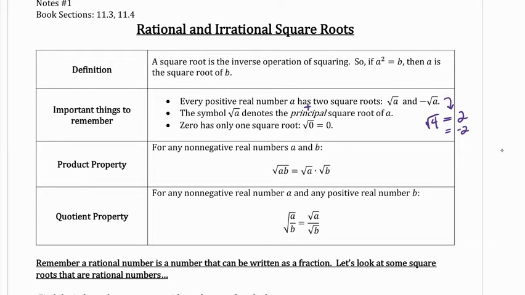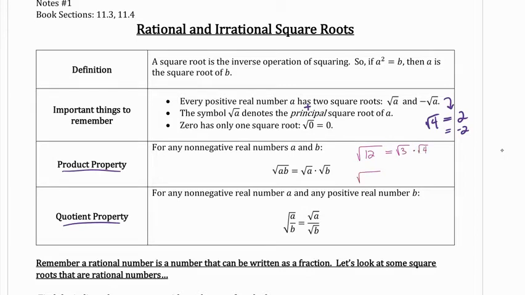A couple of properties here that are fairly important that we will use quite a bit in the coming problems that we do in this unit. For any non-negative numbers a and b, if I am multiplying them inside the square root, I can separate them into the product of the square roots of their factors. So for instance, if I had the square root of 12, I could rewrite that as the square root of 3 times the square root of 4, right?